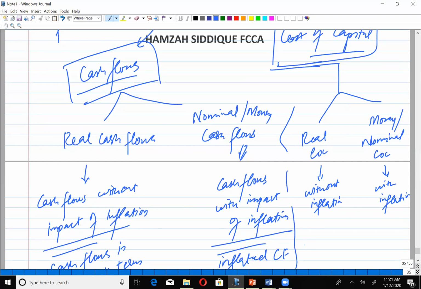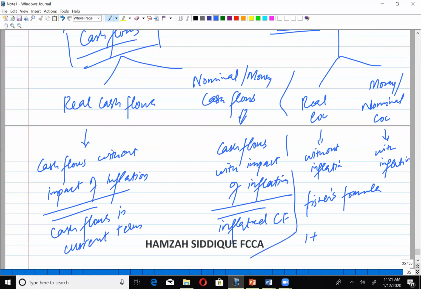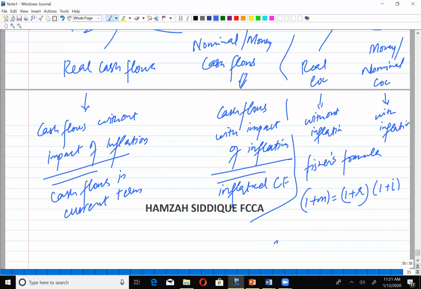Now there is Fisher's formula. 1 plus M is equal to 1 plus R into 1 plus I, where M is money cost of capital, R is real cost of capital, and I is general inflation. General inflation, remember.